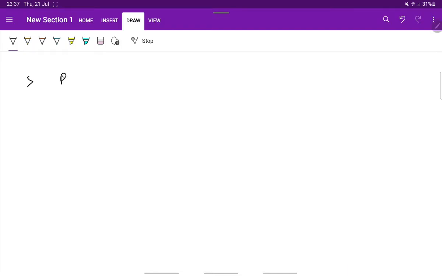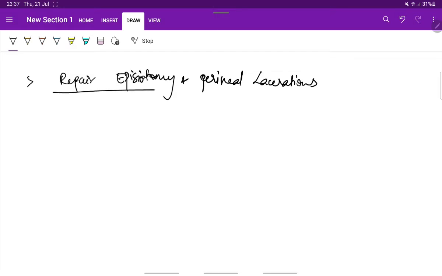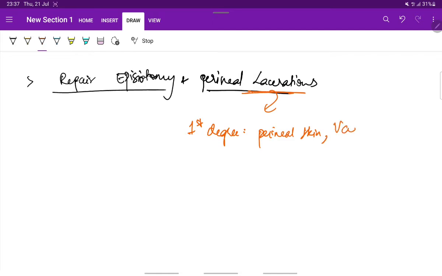The next step would be to repair the episiotomy and perineal lacerations, if any. These lacerations are classified into 4 degrees. The first degree lacerations involve the perineal skin and the vaginal mucous membrane.